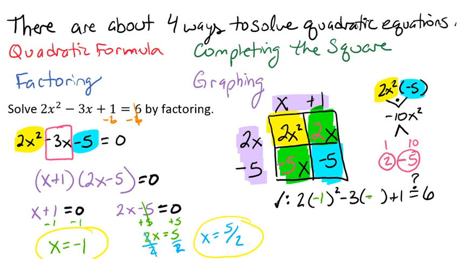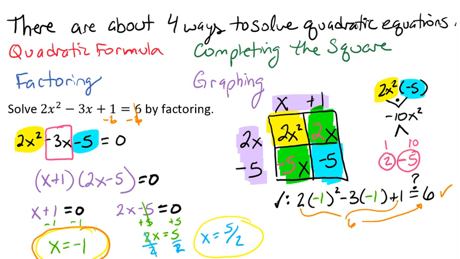And we're going to use a calculator here, right? So we plug into our calculator 2 times negative 1 squared minus 3 times negative 1 plus 1, and that's going to give us a value of 6. So when we match those up, we see, hey, yep, that worked. So we know that x equals negative 1 is a solution.